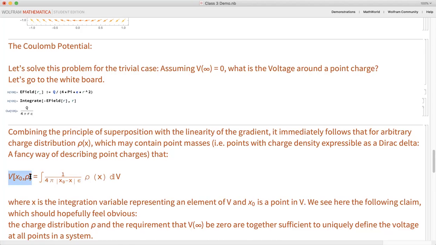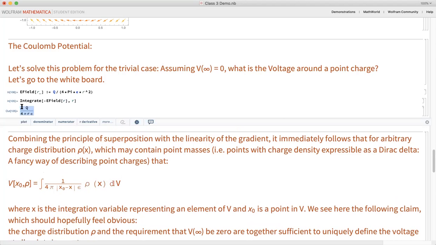The voltage due to some charge distribution rho at some position x naught is the integral across all of space of rho at that point times this, with R, remember, being the magnitude of the distance between our points.